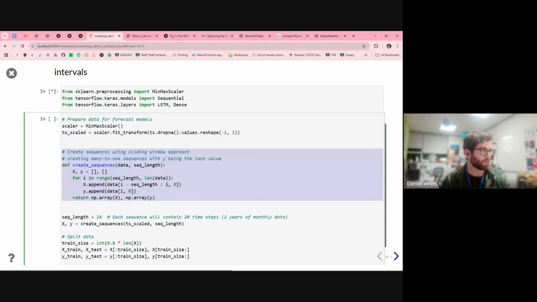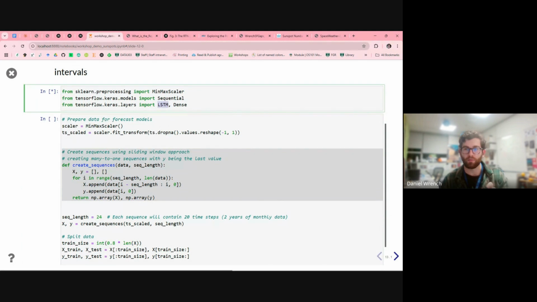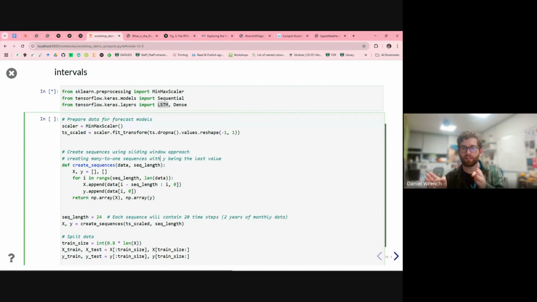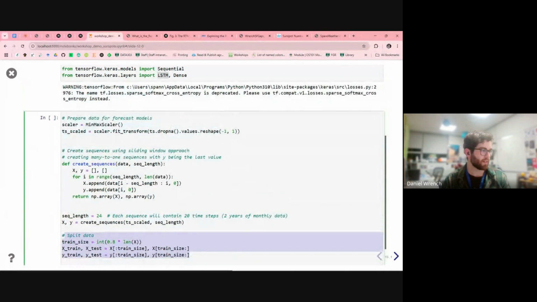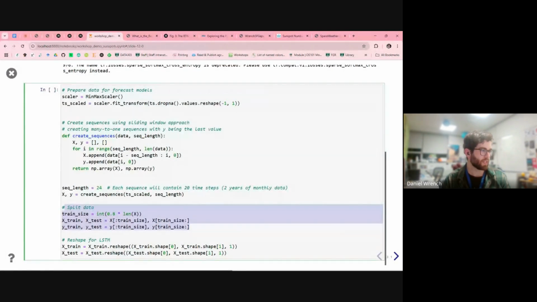For our current neural network, we're going to need to put it into sequences so we can easily say, here's some training data, here's the test data, with the test data just being the next value in the sequence. We're going to choose some length for those sequences, split the data into training and test sets based on that, and then we need to reshape it for our neural network, which I'll explain momentarily.